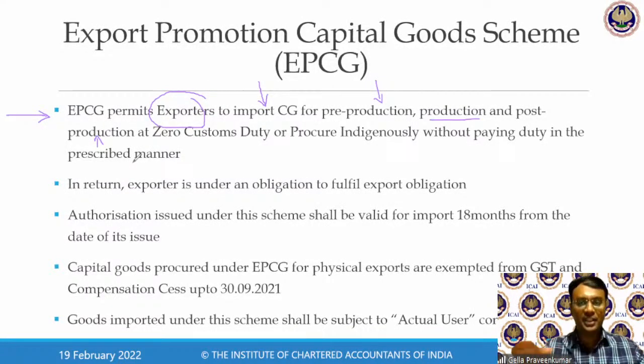I get a metal sheet of 10 by 10 size. So pre-production, I just cut the sheets into 5 by 5, 2 by 2, 4 by 4, whatever is the design. Pre-production, I just do an activity before the main production starts. That's called pre-production. In the process of production, I use this machinery as one of the ingredients of main production.